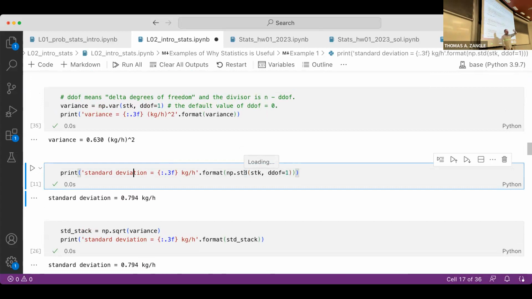Again, note that we have delta degrees of freedom equal to 1, because by default, the NumPy standard deviation function uses delta degrees of freedom of 0. So by default, NumPy is computing the standard deviation of a population, not a sample. Okay, so the same caveat applies.